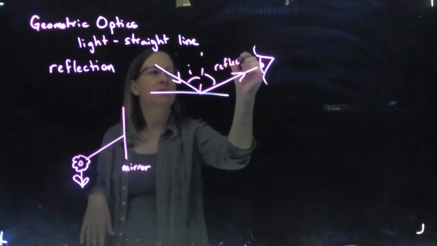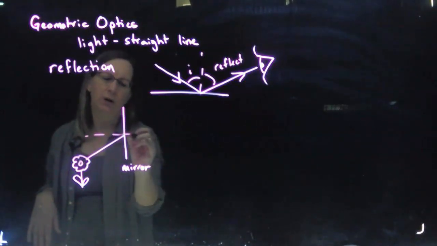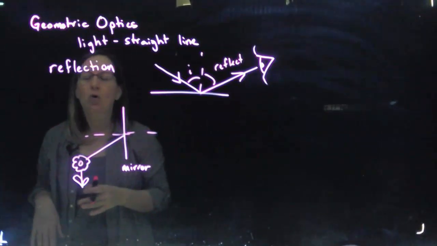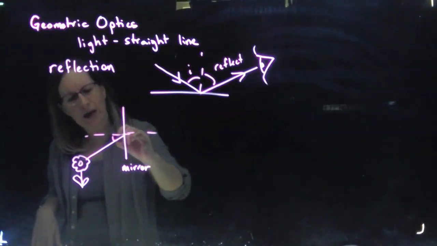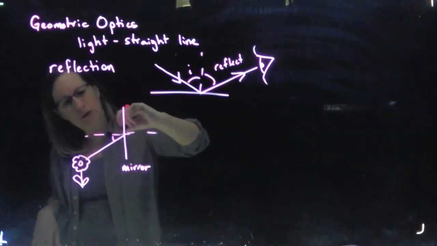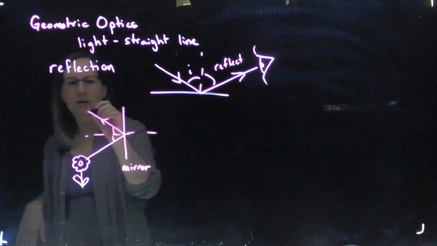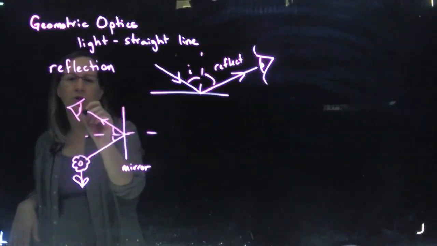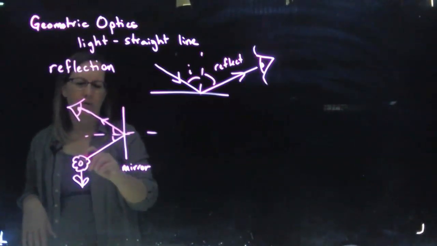So incident and reflected light. And so if I set this up, we do it in relation to the normal of the surface in case the surface is curved. So we say the angle in equals this angle out, and this can again come to our gigantic eyeball to see that part of the flower.